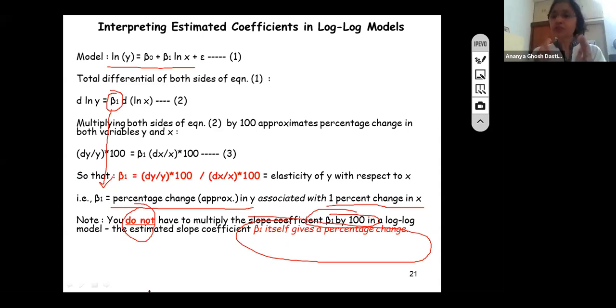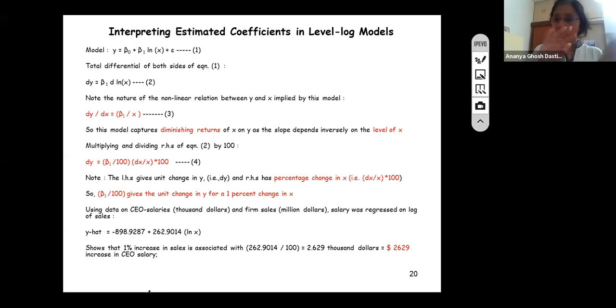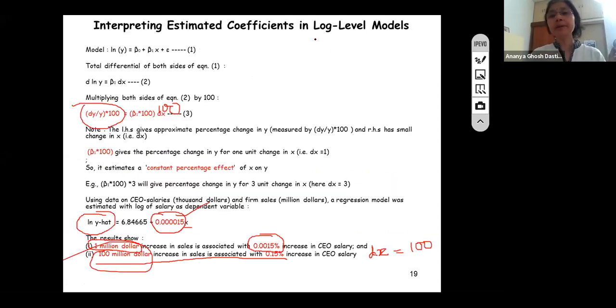So first of all, let me just compare quickly what I have just done. I have told you that when you have a log-level model, so dependent variable in log but explanatory variable in level, what do you have to do? You have to multiply beta 1 by 100. If you do that, that gives you percentage change in y for a unit change in x.